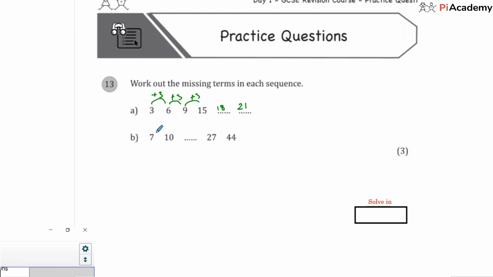3 plus 6 to get 9. 6 add 9 to get 15. 15 add 9 to get 24, and 24 add 15 to get 39. So what is your answer here?